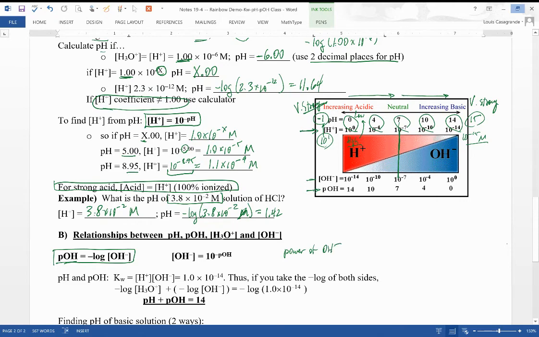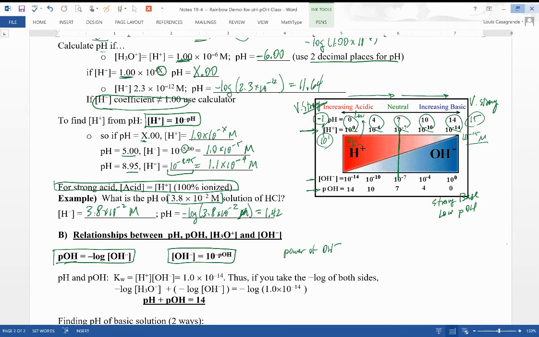And so we can do the same kind of thinking about hydroxide as with the hydronium concentration, that we can do the same functions and we get the exact same results. Notice that strong bases have a low pOH. The lower the number, the stronger the concentration of that particular item is.